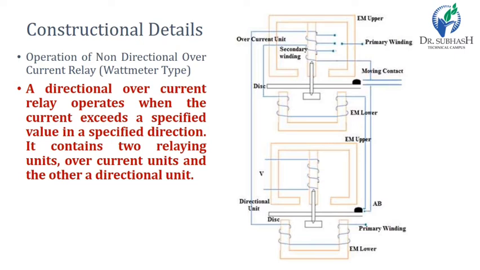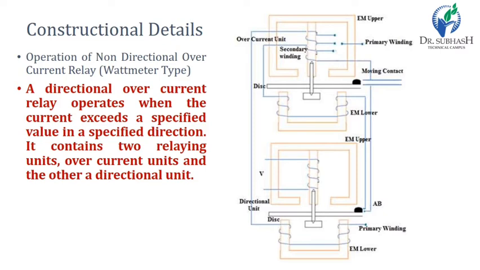Operation of the non-directional overcurrent relay, which is wattmeter type. A directional overcurrent relay operates when the current exceeds a specified value and in a specified direction.